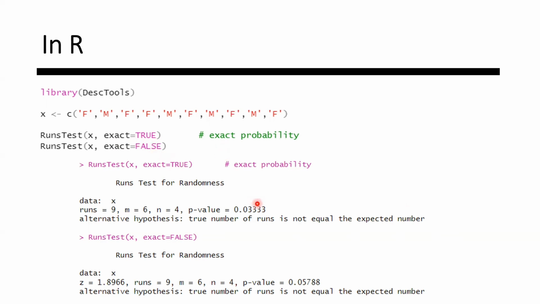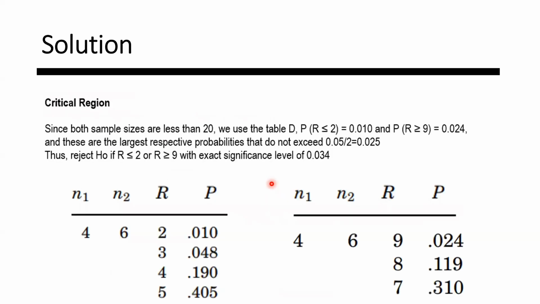So based on the exact test, we have 0.03333, which is almost similar to the one that we have if it's greater than or equal to 9, which is 0.034.